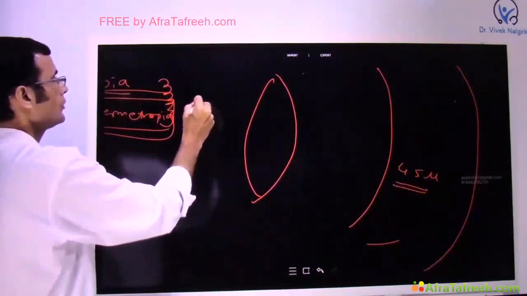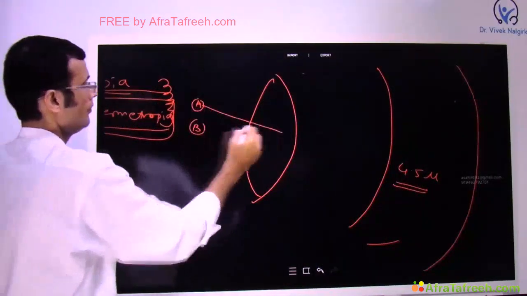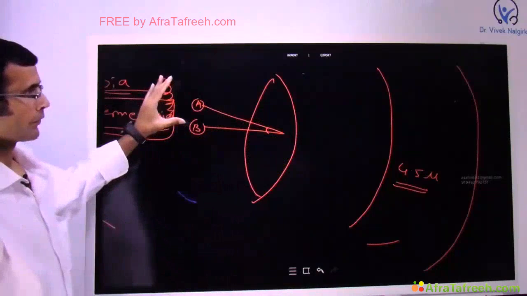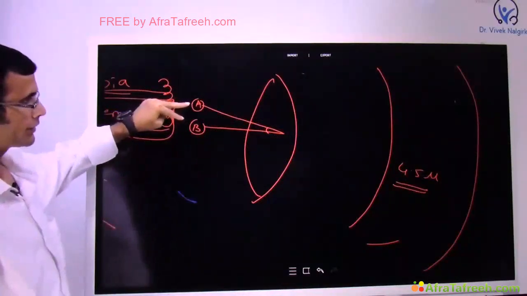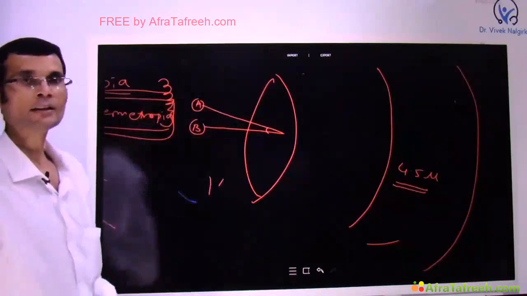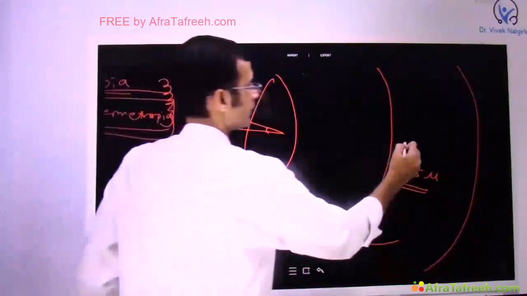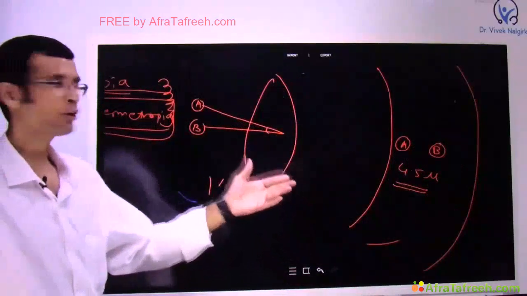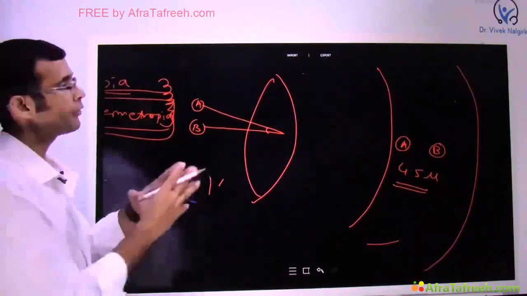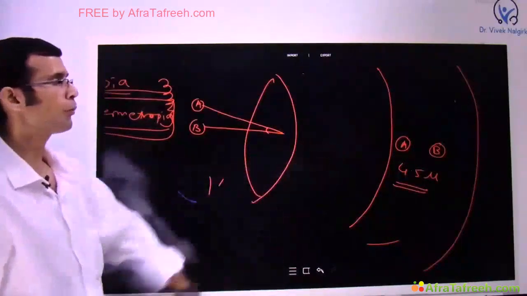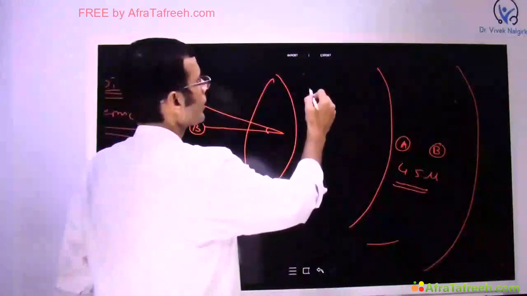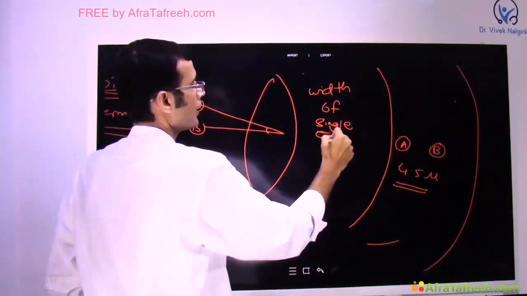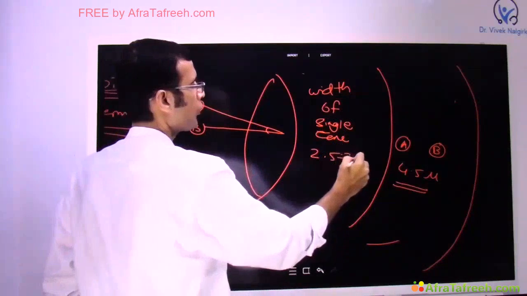So these two objects, if they subtend 1 minute angle, this is just diagrammatic, then they are separated by such a distance that their images on the retina will be separated by 4.5 micron distance. Now, what is the meaning of this 4.5 micron distance? You see, the width of a single cone is about 2.5 to 2.8 microns.